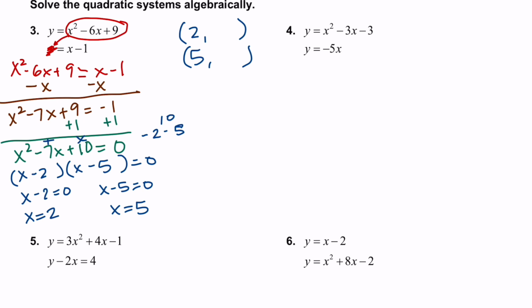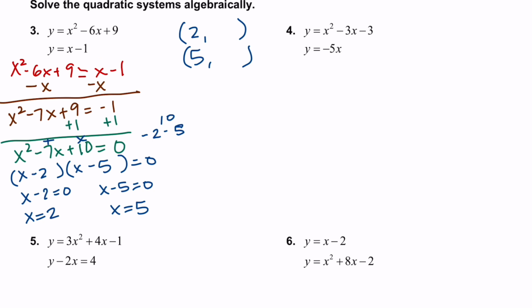Now we go ahead and get what the y is. We could get the y by plugging it into the first equation or the second equation, but one is much easier than the other. It's much easier to substitute in for the second equation than the first one. So I'm not going to use that first one. I'm going to use the second one, but both of them would work.